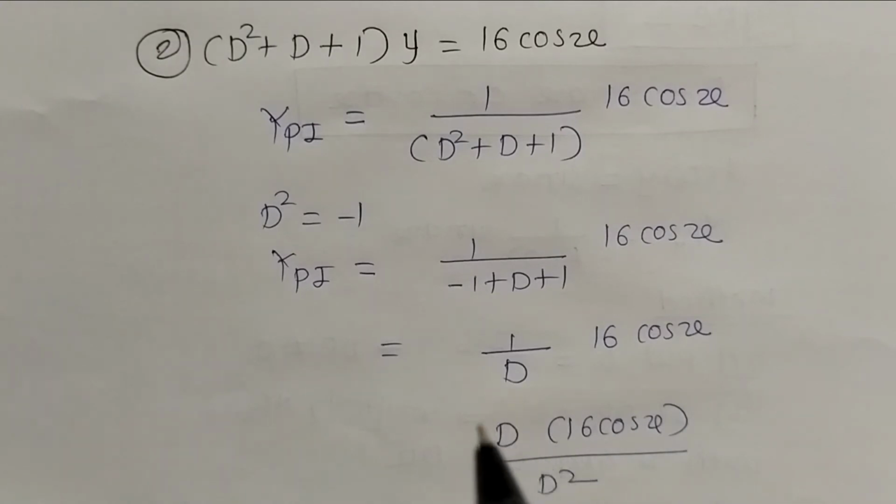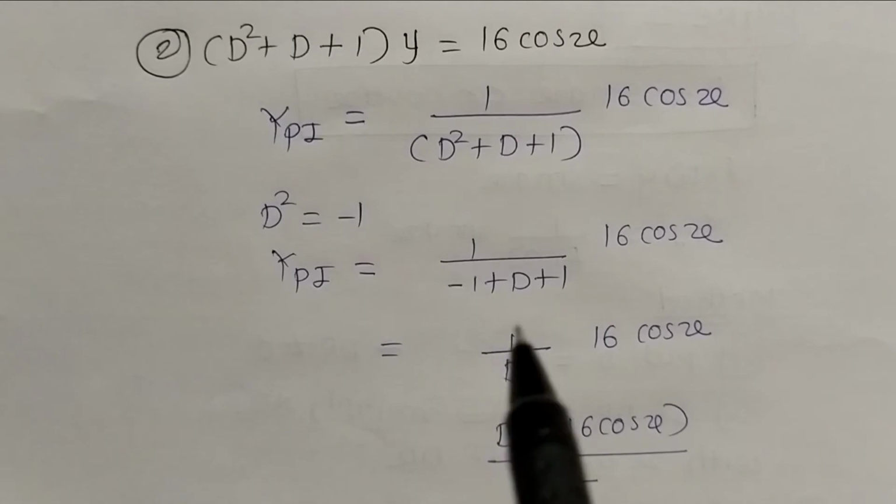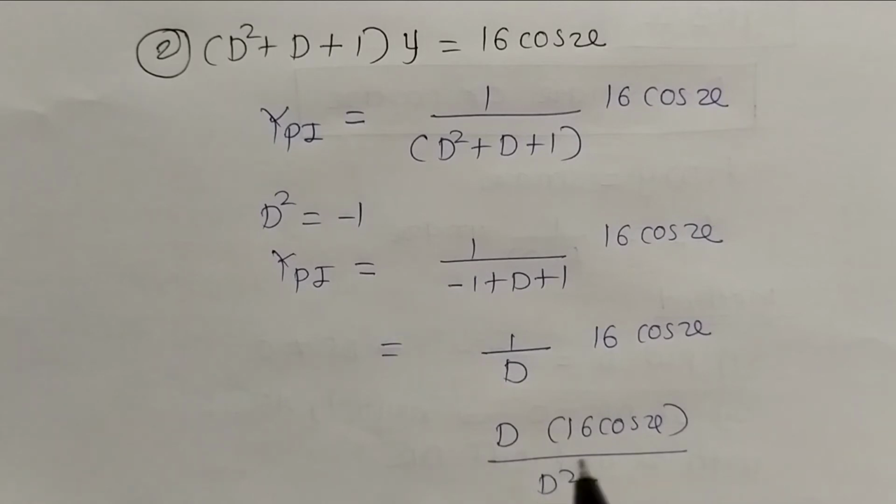So we have to put D squared equal to minus 1. When we multiply the numerator and denominator by D, it is D upon D squared into 16 cos x.